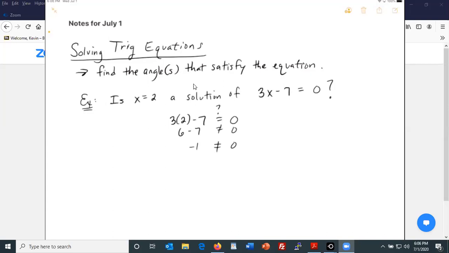So therefore, x equals 2 is not a solution. When you get to the last step of the substitution, we get 2 different numbers. We get -1 on the left side and 0 on the right side, which means the equation is not satisfied with that solution.